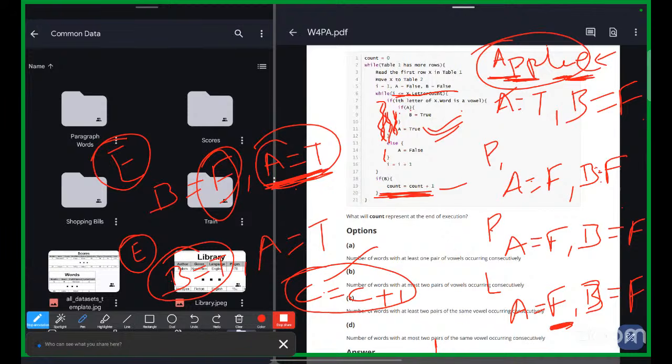At least one or at most one? Which option is the correct one? Anyone?